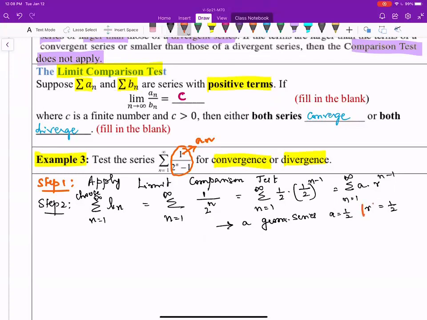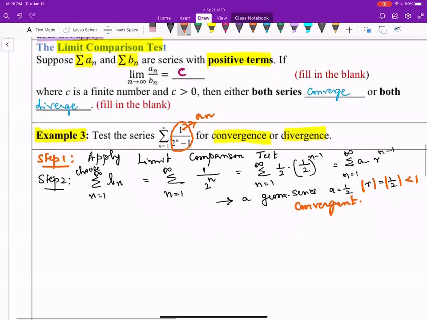And the absolute value of the common ratio is less than 1. Therefore, the series is convergent. So that's why we choose a well-known series, either the P series or a geometric series.